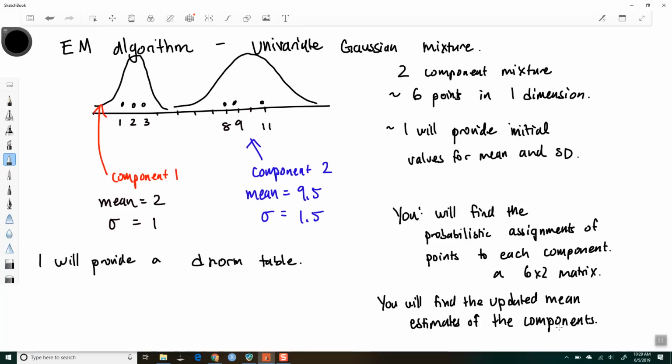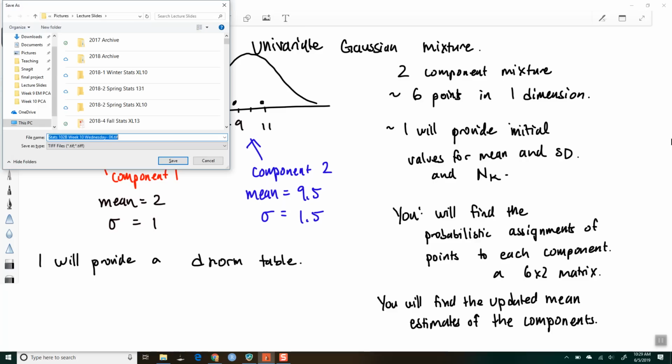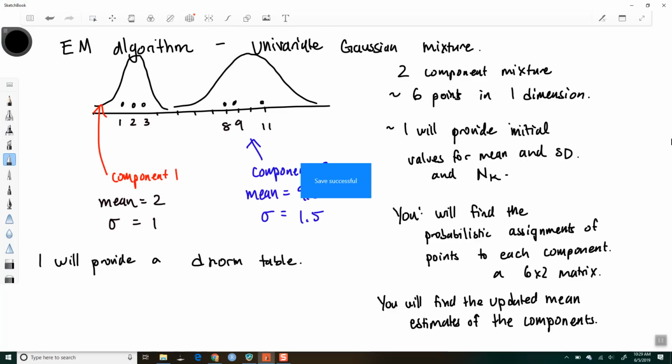Okay, so I'll provide initial values for mean and SD and I guess n sub k, because those all factor in to the probabilistic assignments of points to each component.